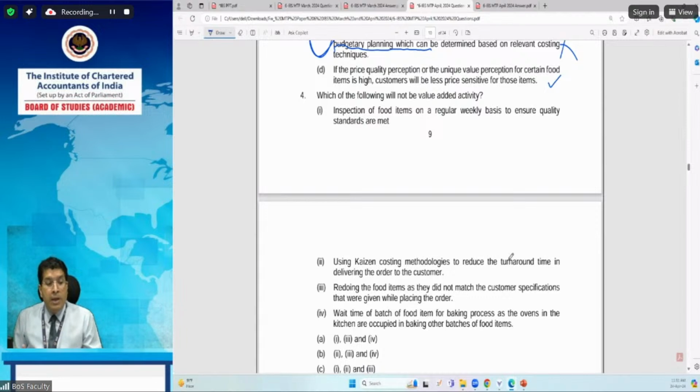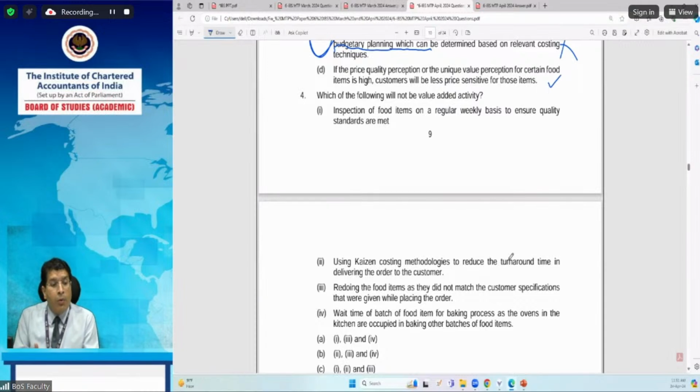Turnaround time means we are taking more time than expected, and we are reducing the same time using the Kaizen costing technique. Kaizen costing means continuous regular improvement. We are doing regular improvement to achieve our targets.